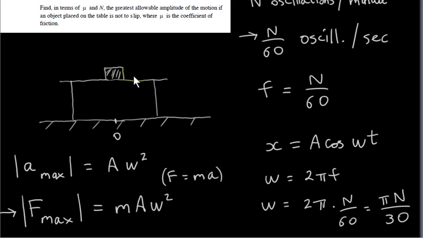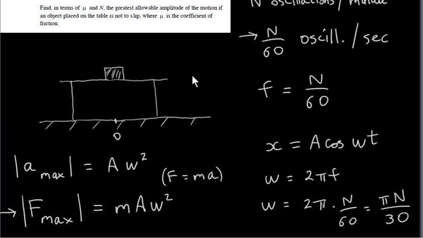What is the origin of the force on this object? Well, it can only be due to the table. The table is pushing the object left and right, causing the object to oscillate about an equilibrium position with simple harmonic motion. That's the force of friction, essentially. The force of friction is constantly changing direction.